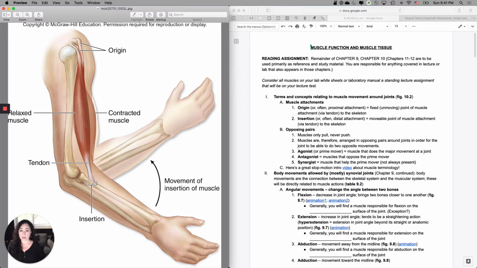Now, one of the things you need to know about muscles is that muscles only pull, they never push. So what a muscle can do, for instance, is contract. And since the origin is stationary and the insertion is movable, when it contracts it is going to move the insertion closer to the origin. So muscles only pull, they never push.